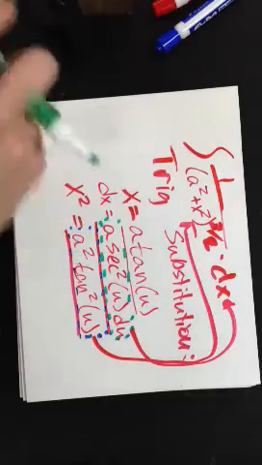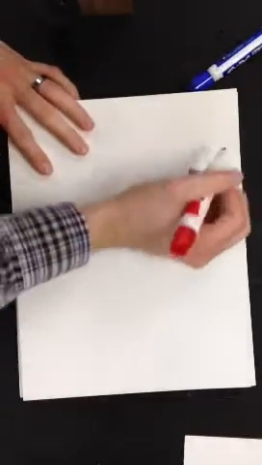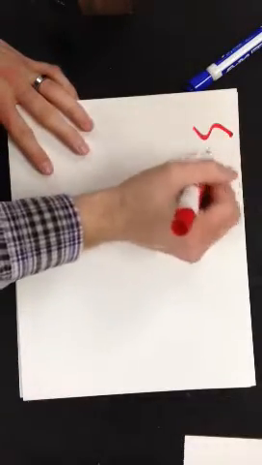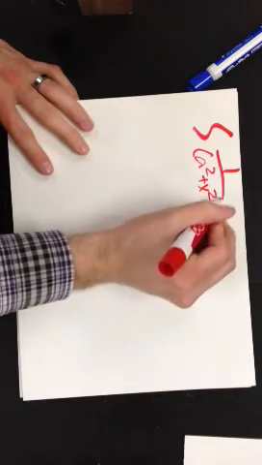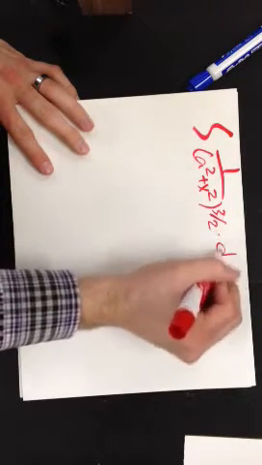Okay, so I'm going to rewrite our integral here. Our original integral was 1 over a squared plus x squared, taken to the 3/2, dx.